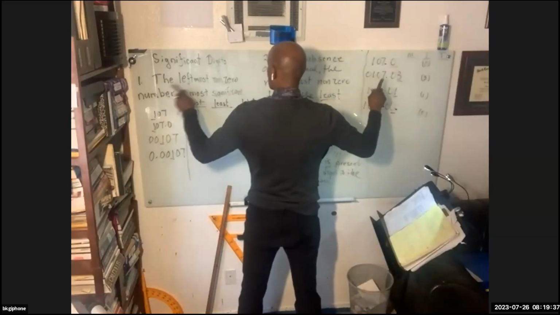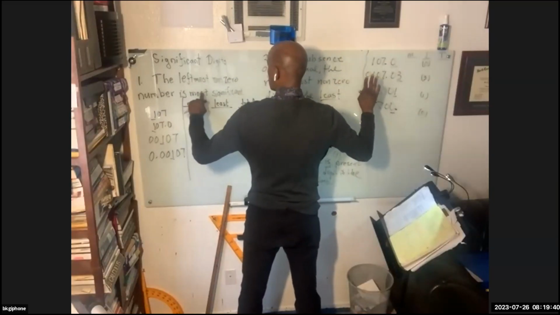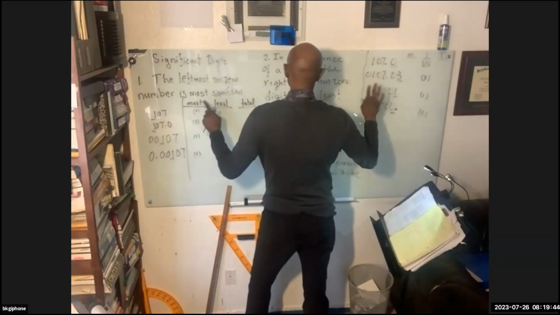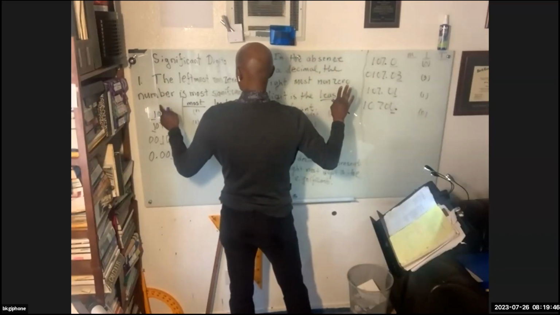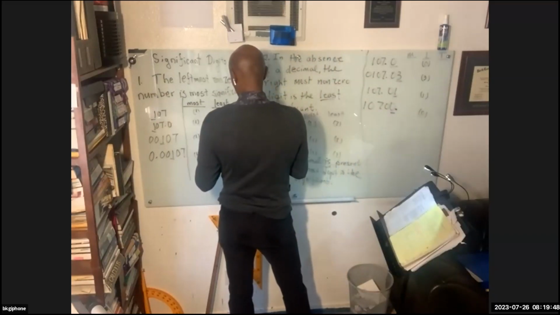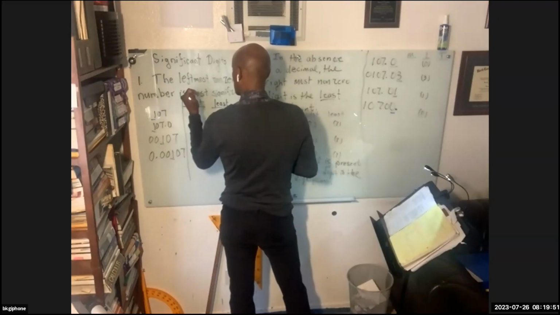Now, this rule doesn't incorporate whether it's a decimal or not, it doesn't matter. That's the easiest rule. The leftmost digit is the most significant.